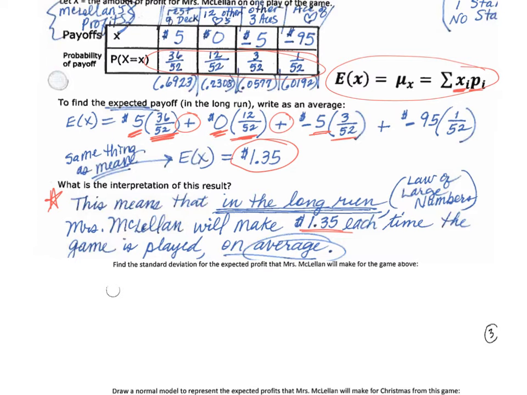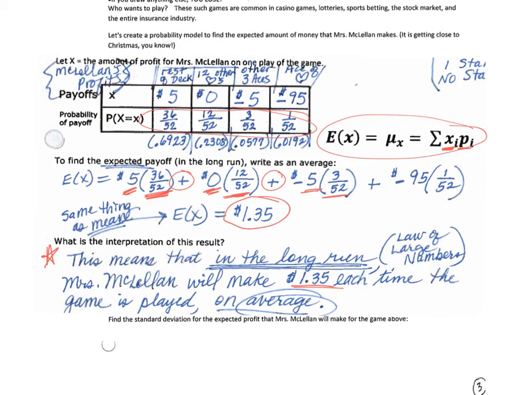What tells me that these probabilities will hold true and come out in the end? The law of large numbers. The law of large numbers tells me that those probabilities will come true in the long run.